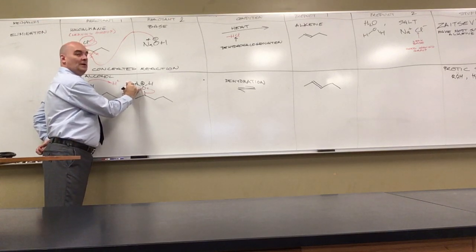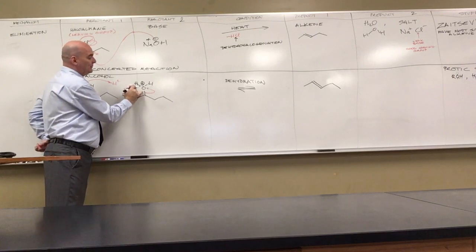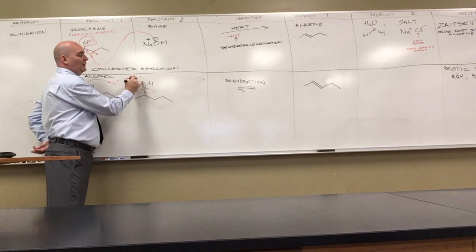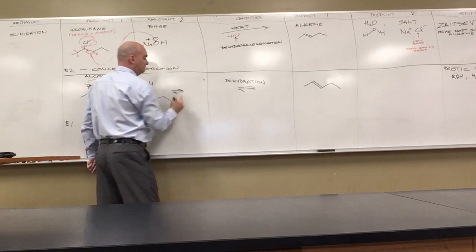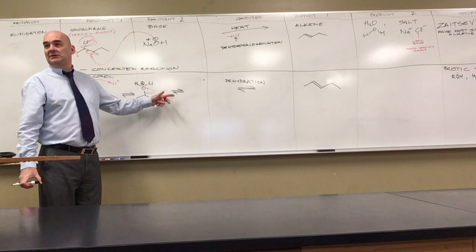I'm putting a lone pair of electrons back on that oxygen. I'm taking this bonding pair of electrons between the oxygen and the carbon and turning it into a non-bonding pair. Again, there's no powerful base pushing that forward. This gets to be in equilibrium.